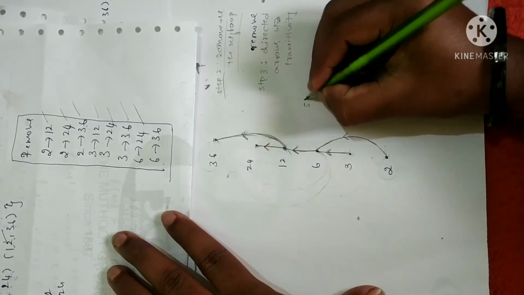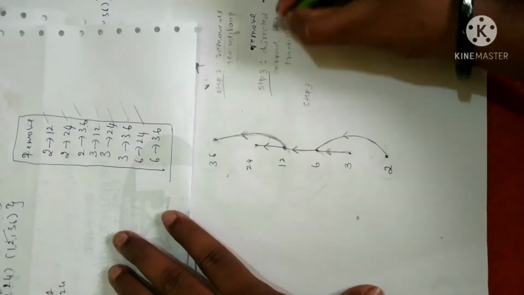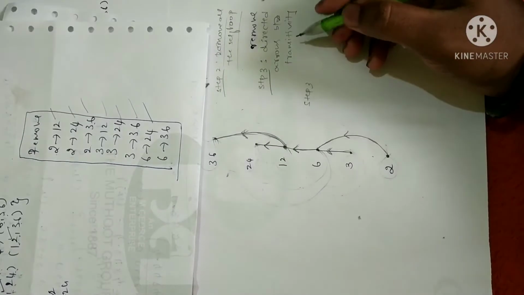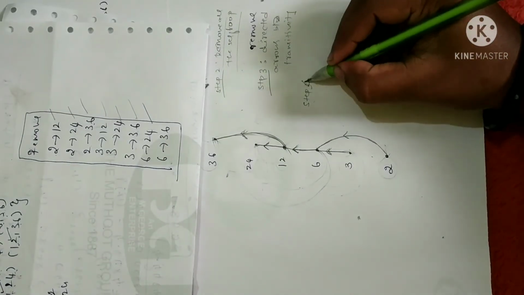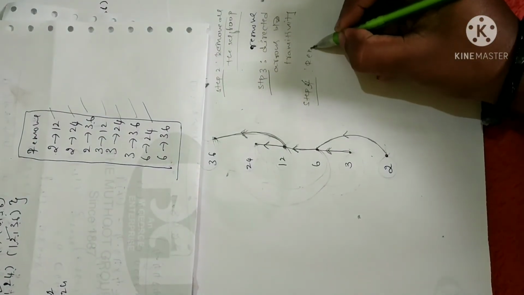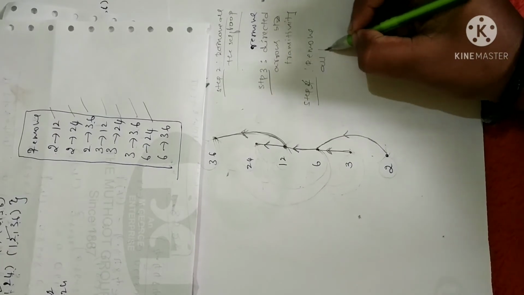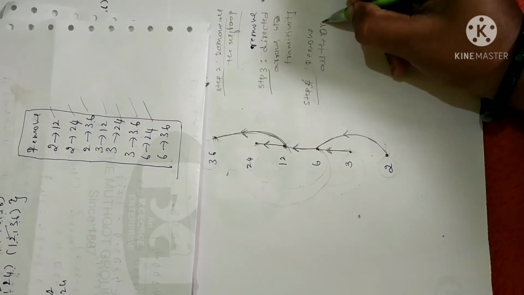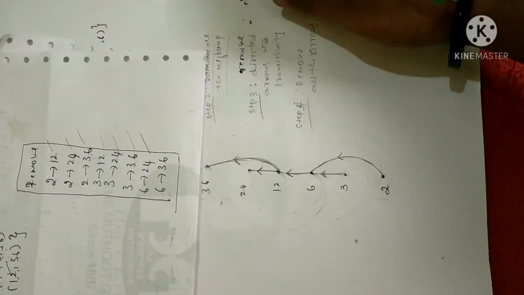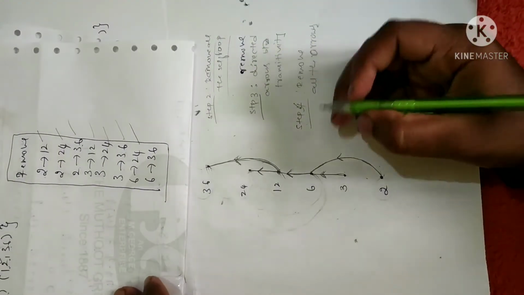Fine. Step 3 is removing all the directed edges that are due to transitivity. Step 4 is remove all the arrows. So whatever the arrow direction is there, you just remove the arrows.